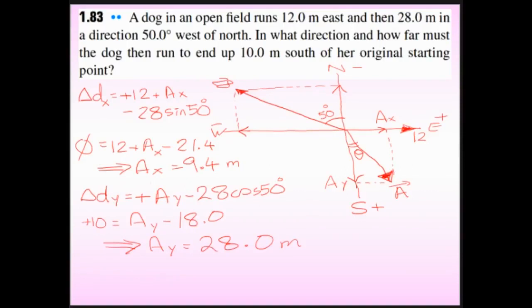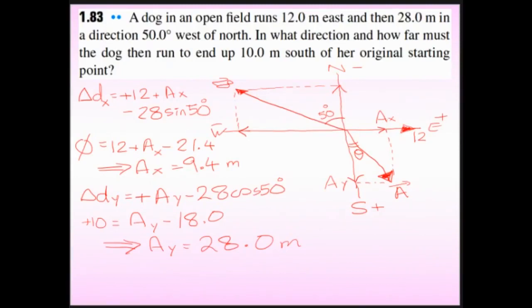And then I asked you to add another vector to the mix called unknown A, such that when you add this guy to this guy, what do you get as an overall? Straight down. Nothing on the x, fully down on the y.